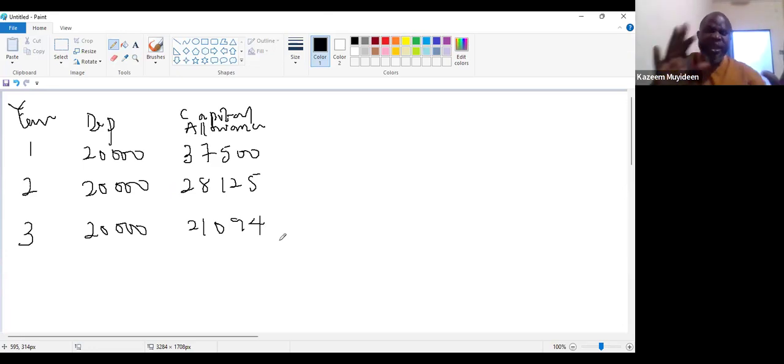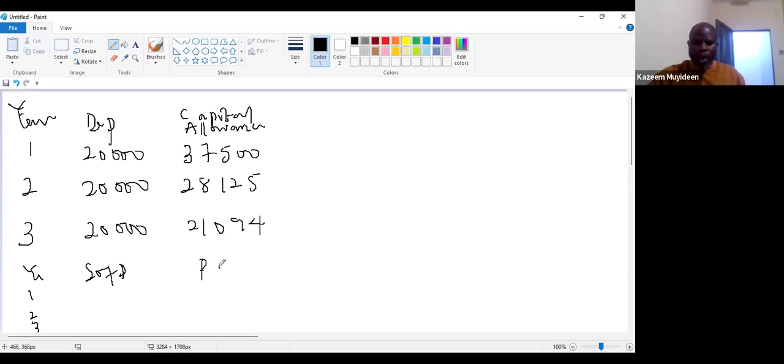Let's modify. Let's say they give us this question. They ask us to calculate, for each year, year 1, 2, and 3, the SOFP, and the one that will go to the P or L, either charge or credit.